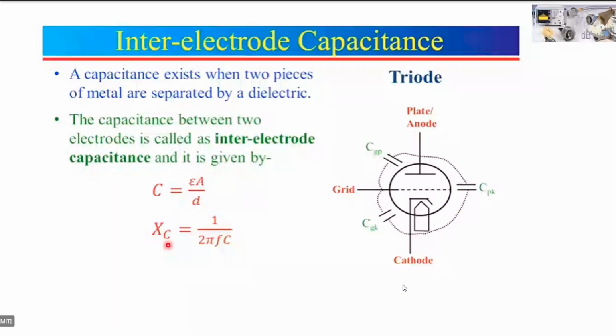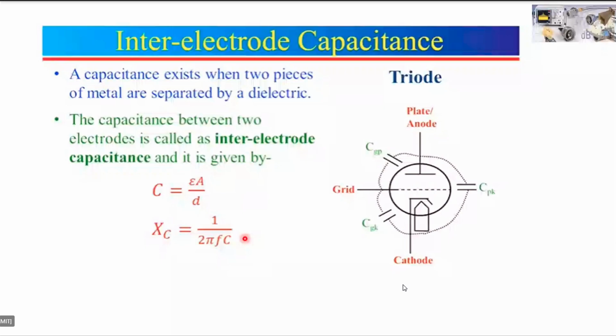That means Xc is inversely proportional to frequency. Now as frequency increases, capacitive reactance decreases. At microwave frequencies, this capacitive reactance can be approximated by a short circuit.